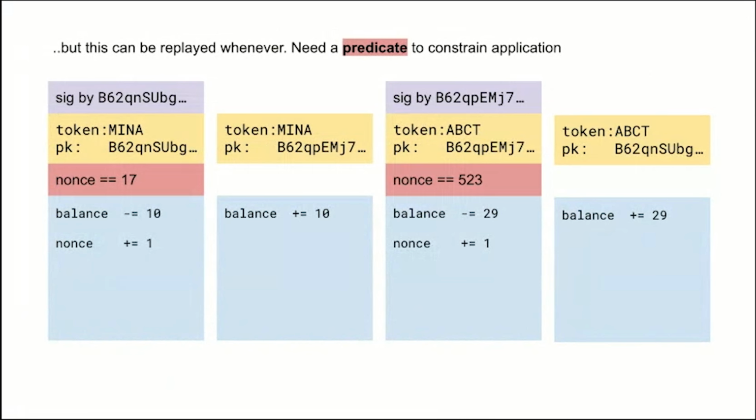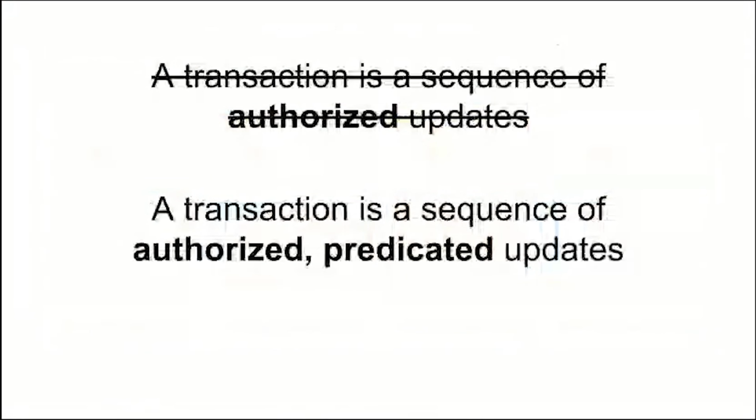So we can now come to our perfected final definition, which is that a transaction is a sequence of authorized and predicated updates. So a sequence of updates, each of which has some authorization and some condition, which must be satisfied in order for the transaction to go through.